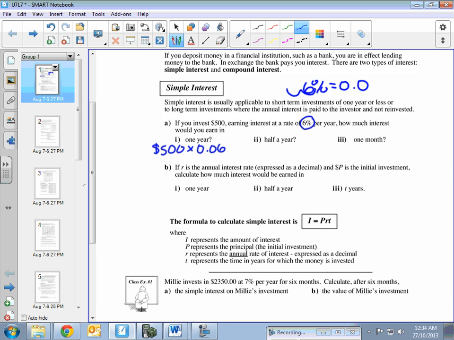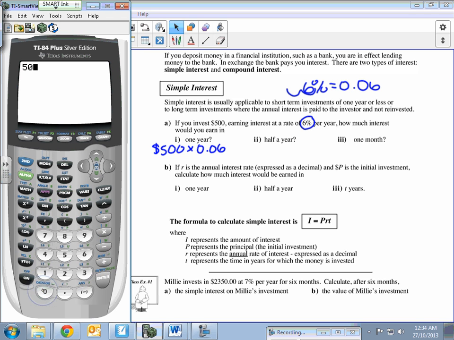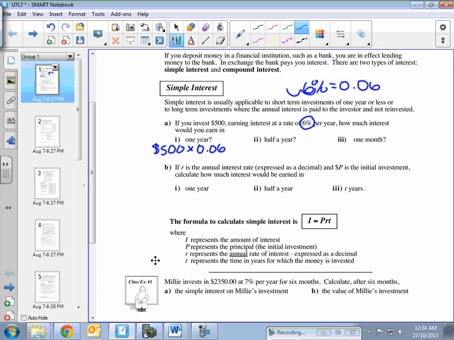It would be 0.06, okay? So $500 times 0.06, enter, 30. So you would earn $30 interest.